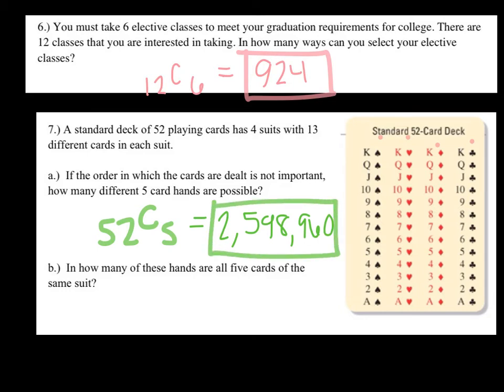Letter B says, how many of these hands are all 5 cards of the same suit? And remember, suits are the spades, the hearts, the diamonds, and the clubs. So we first need to specify that of the 4 suits, we only want 1 of them, so that's the suit.